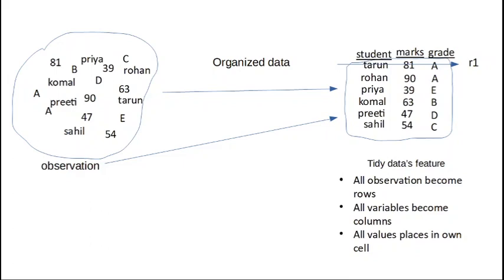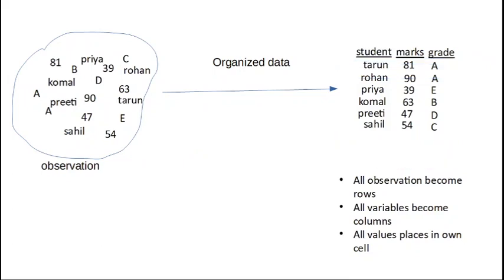Okay, Tarun is an observation, 81 is an observation, A is an observation, and it becomes a row. Similarly, the second line becomes row 2. Similarly, row 3, row 4, row 5. So all the observations convert into rows.